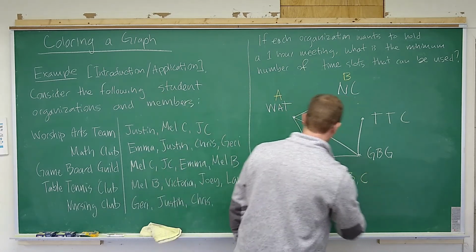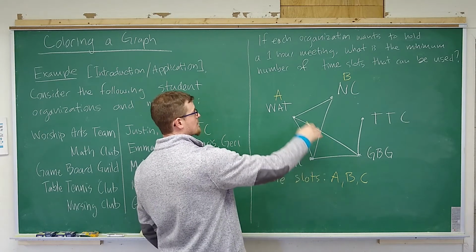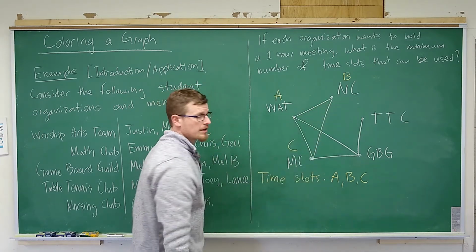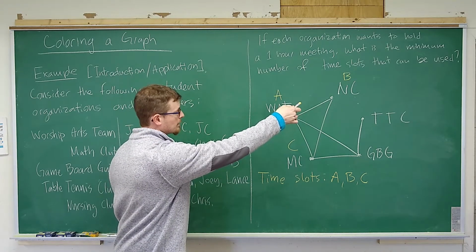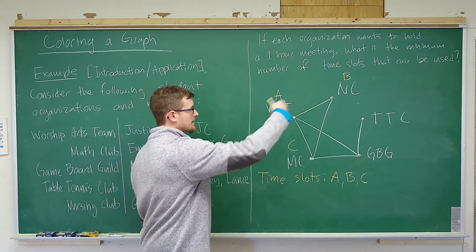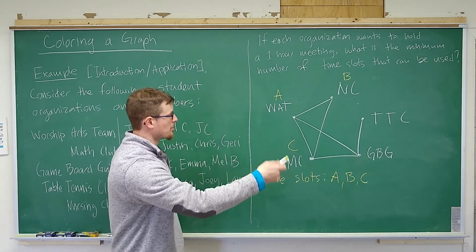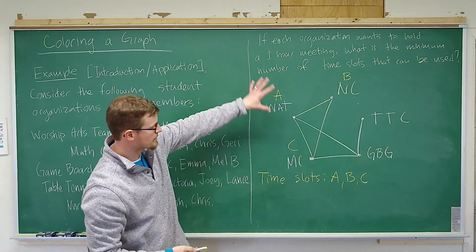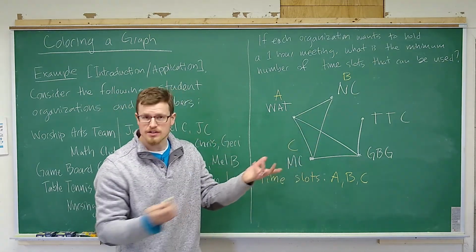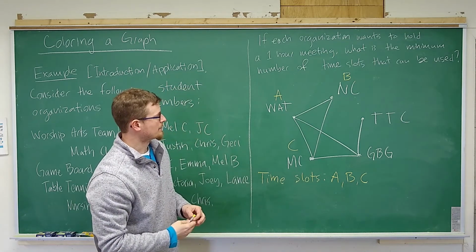So add time slot C, because the math club cannot meet at the same time as the worship arts team or the nursing club. Same goes for worship arts team holding their meeting at the same time as nursing club and math club, and nursing club holding their meeting at the same time as worship arts team or math club. So we have this situation, this triangle prevents us from having any less than 3 times.